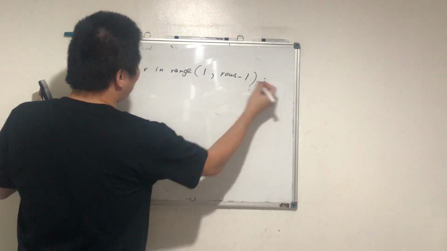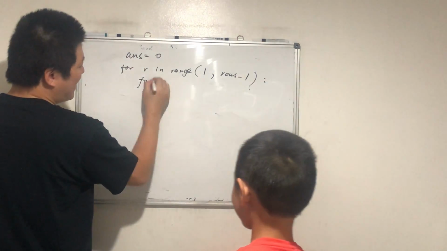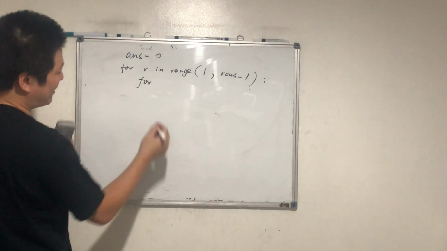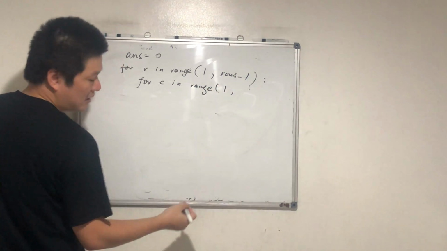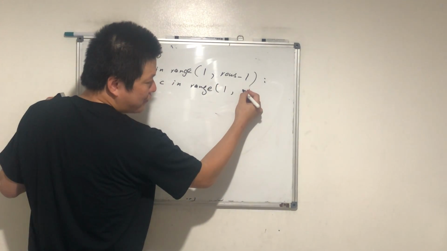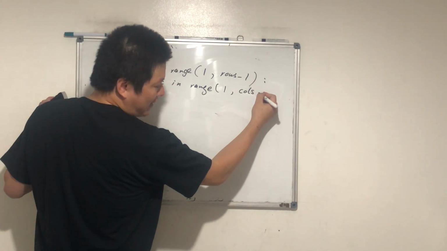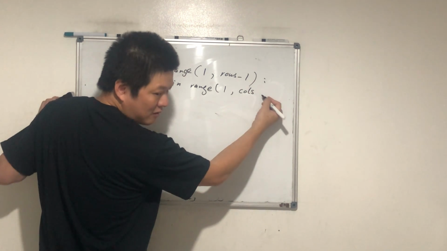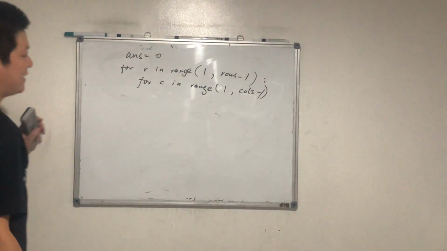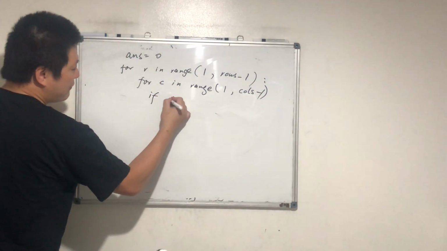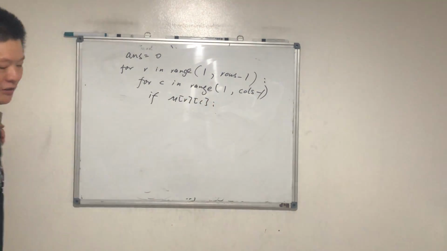Okay, so for R, we want to put the answer here. Answer equals 0, for the land not connecting to the border. For C in range, what should I put? Columns minus 1, the same. If it's land, what do we do?